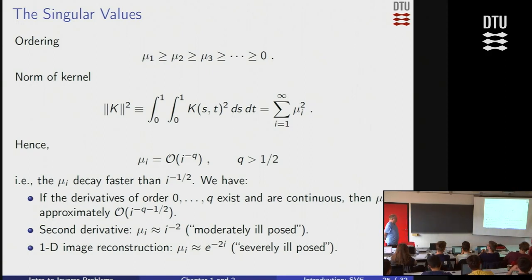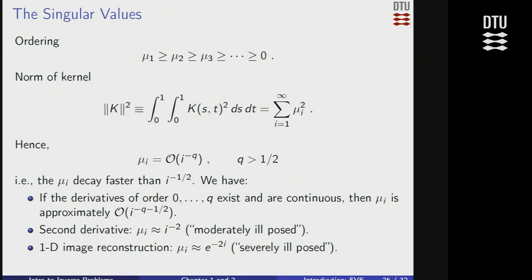Otherwise, that sum there will be infinite. So that actually puts a constraint on the singular values. So asymptotically, they should behave at least as fast as you see right there. Otherwise, that equation up there does not make sense. All right. So already now we can say something about the decay.